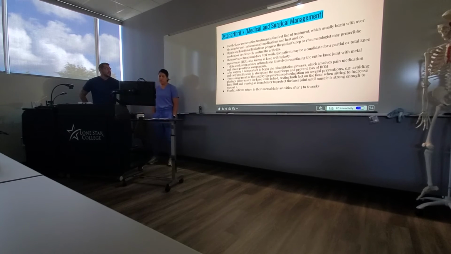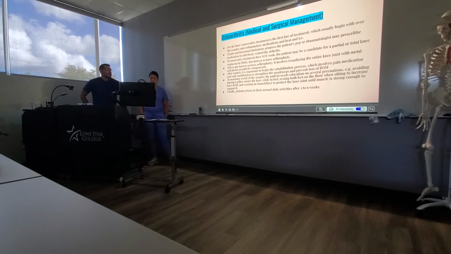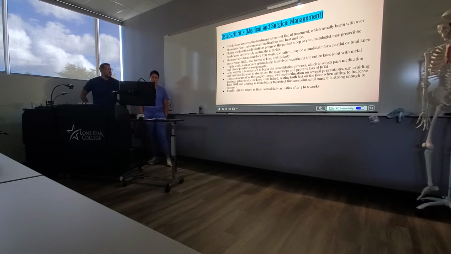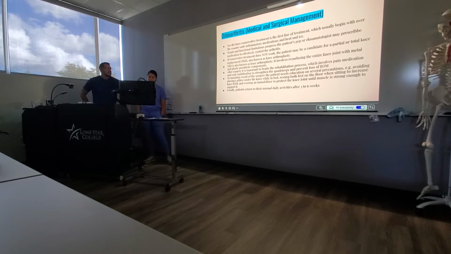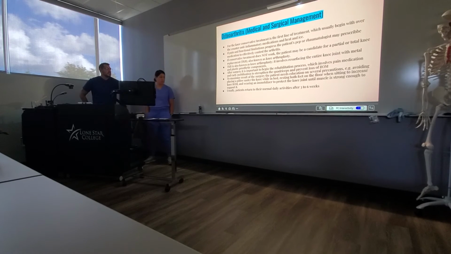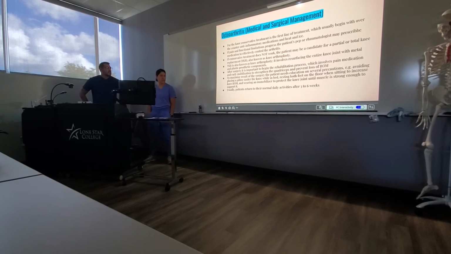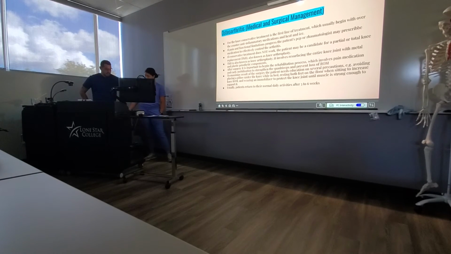For example, avoiding placing a pillow under the knee while in bed, resting both feet on the floor while sitting to increase the range of motion, and wearing an immobilizer to protect the knee joint until the muscle is strong enough to support it. Usually patients return to their normal daily activities after 3 to 6 weeks.